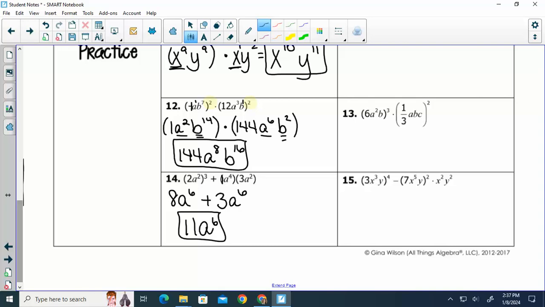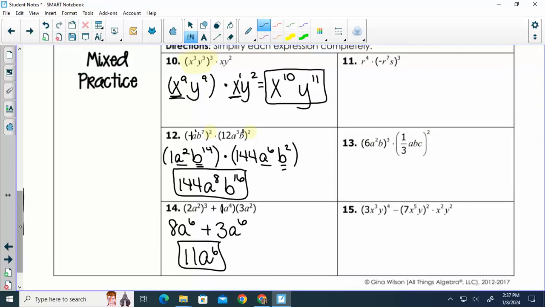Right. You guys take a minute and you try those odd problems there. And then we will look at those together. So we start, we have a power outside our parentheses, we have to start there. If there is no coefficient, this is just a -1.